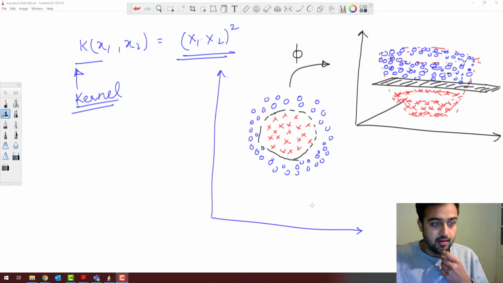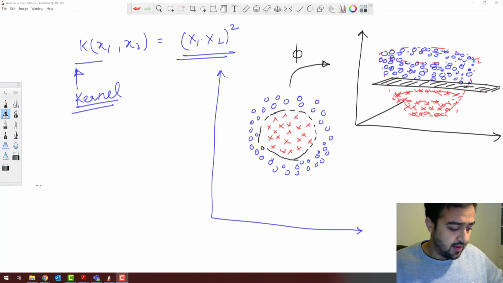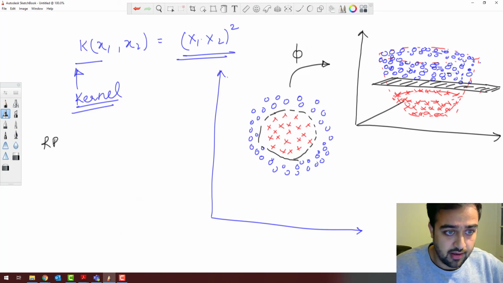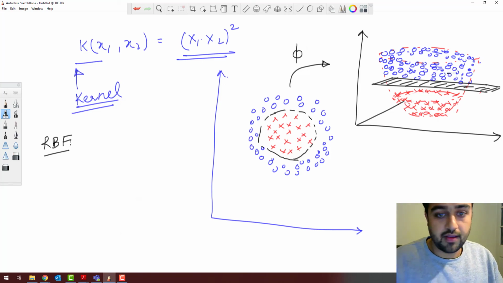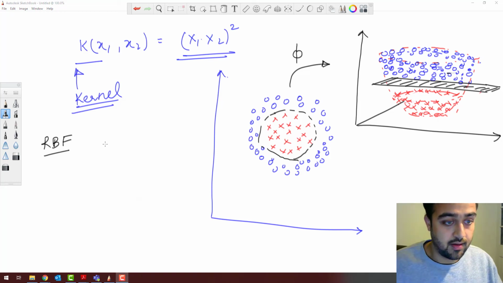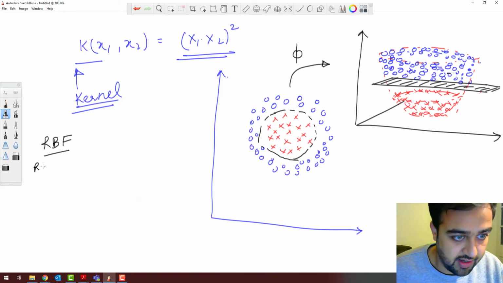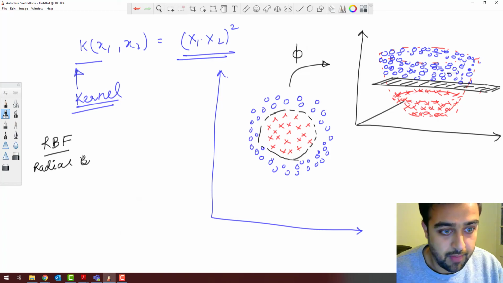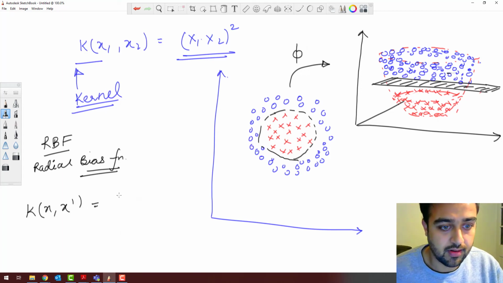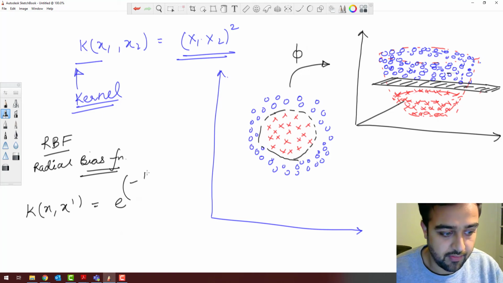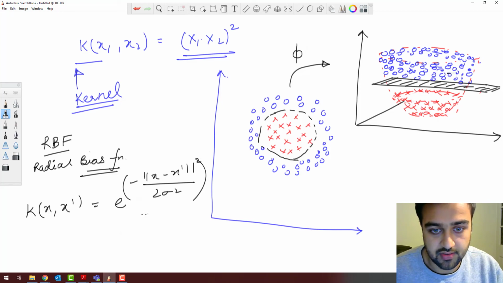So this is the use of kernelization, and it is a very useful and powerful technique in the machine learning area. There are different types of kernels available, like the RBF kernel, that is radial basis function, then the polynomial kernel. The RBF kernel is defined by, if you put two-dimensional points in this, minus the squared norm of x minus x dash, upon 2 sigma squared, right?